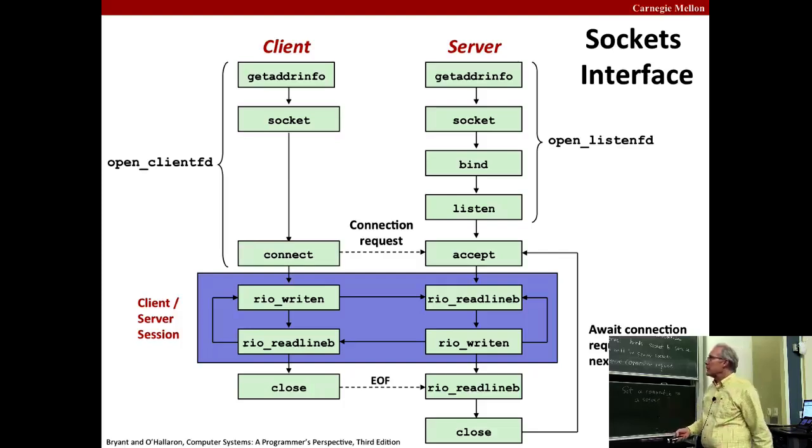Later in the course, when we talk about multi-threading, we'll be able to set it up so this can start accepting requests for another connection even while it's handling one particular client. But anyway, what it will look like is the server attempts to read, gets an end of file, closes that particular connection, and goes back and accepts a new connection from a new client.